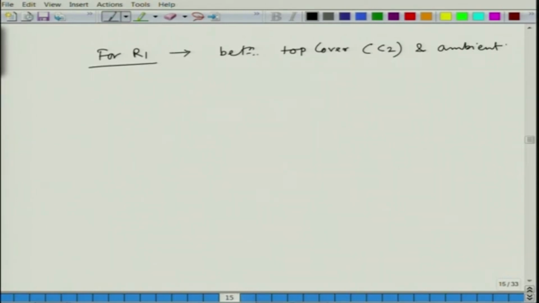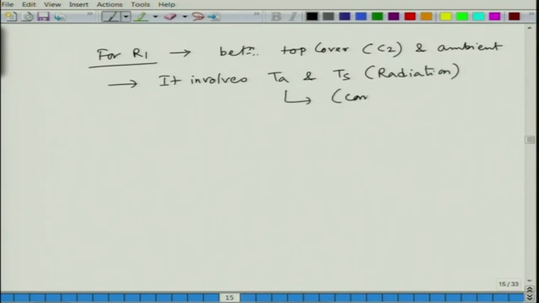Here it is a little different because we have the ambient in the picture as well as the sky for the radiation heat transfer. So, it involves ambient temperature T_a and sky temperature T_s. Sky temperature is for radiation and ambient temperature is for convection.